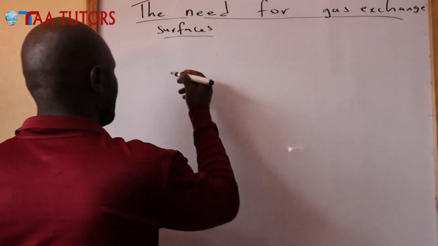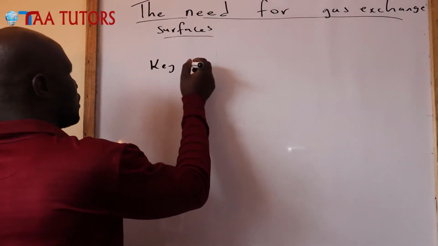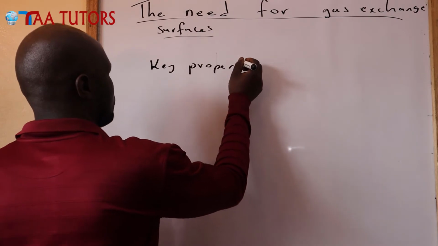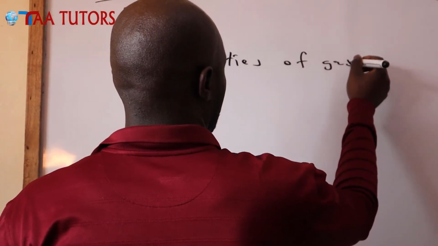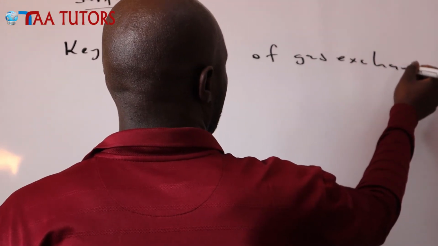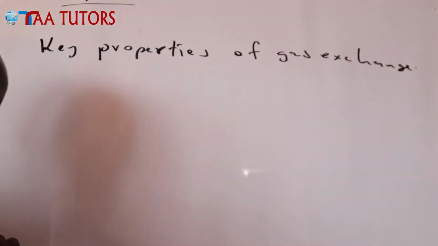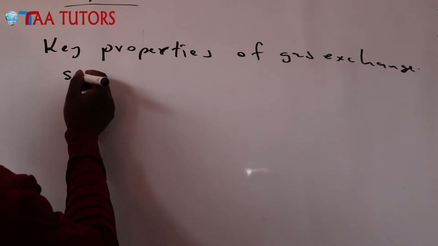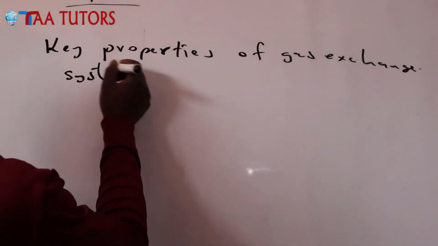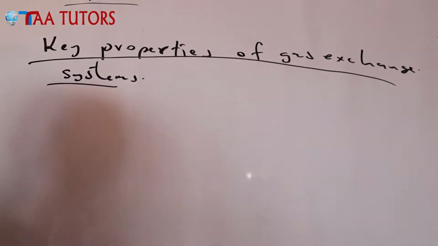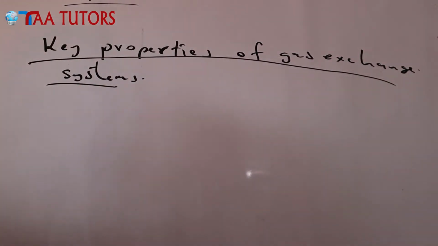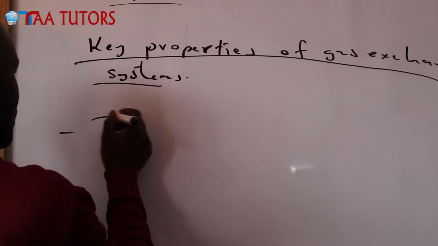So let us look at those key properties of gas exchange surfaces or systems. Now I want to believe that maybe you have met this, so maybe we can talk about them in detail. So the first thing that I want us to look at is the surface area.